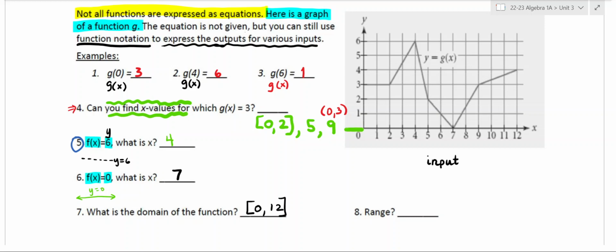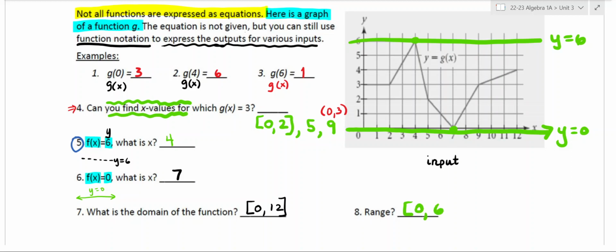So for horizontal lines, we're talking about this one. Right here is the first time we touch the function, and this is y equals 0. And the highest one is this one right here, y equals 6. They're all included, so the range is going to go from 0 to 6.